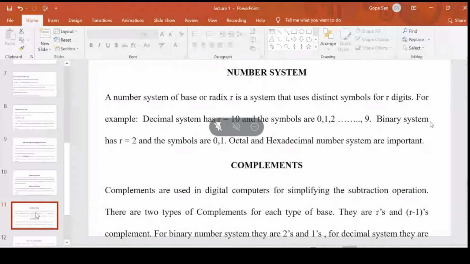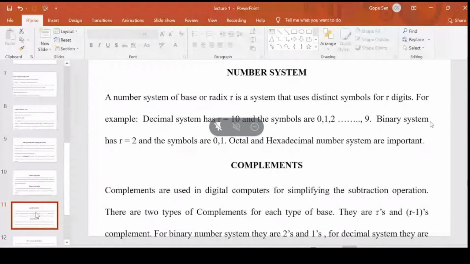Now we will discuss different number systems. You already know this, I will just go through it as a revision. There are different number systems. How do we define a number system? A number system of base or radix R is a system that uses distinct symbols for R digits.